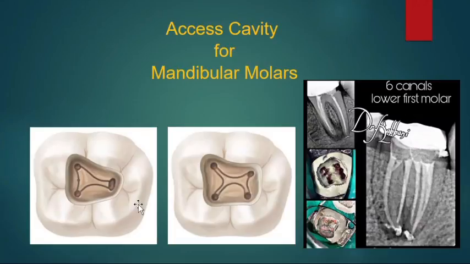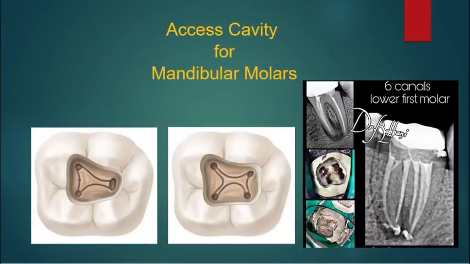Also, the lower second molar can come with two canals, and at that time the access cavity will be rectangular, and it will be wide mesiodistally and narrow buccolingually.